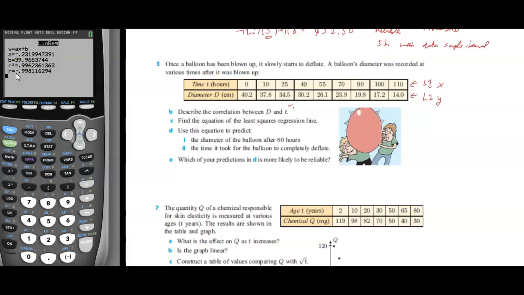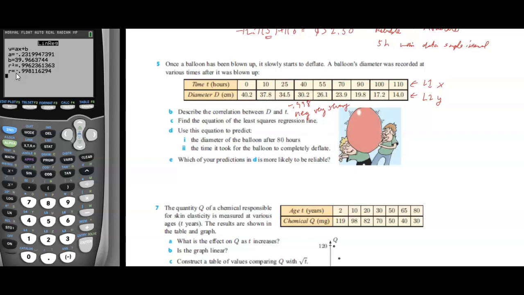So negative 0.998, we're going to describe the correlation as negative and very strong, right? Because since it's between 0.95 and 1, it's very strong. If it was between 0.87 and 0.95, then we would just say strong. Okay, so that's the correlation.